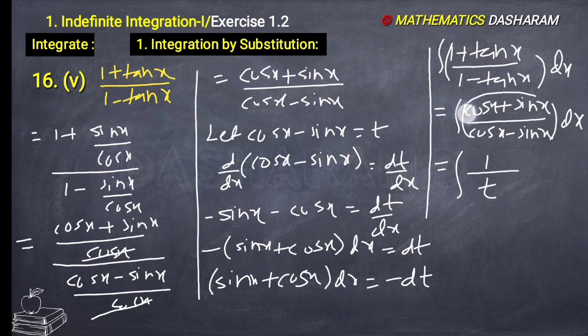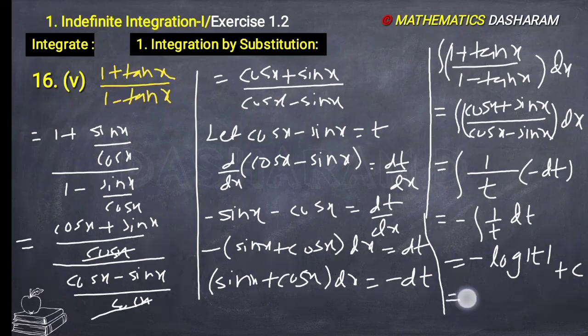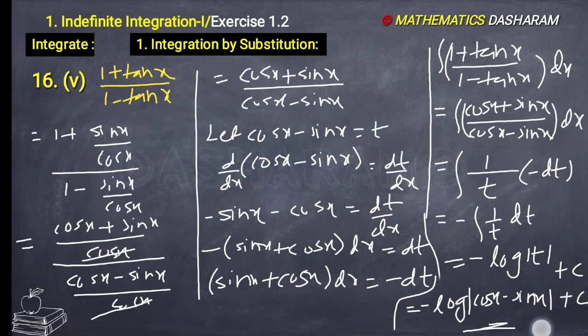Cos x plus sin x dx equals minus dt, so minus dt. So it equals minus integration of 1 by t dt. So minus integration of 1 by t is log mod t plus c. So it equals minus log, the t value is what? Cos x minus sin x, plus c is our required answer.